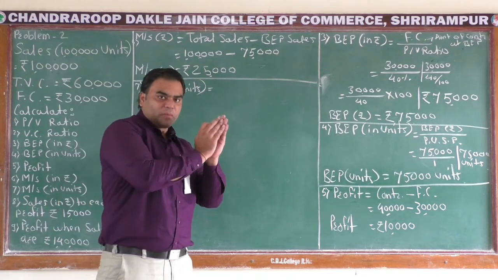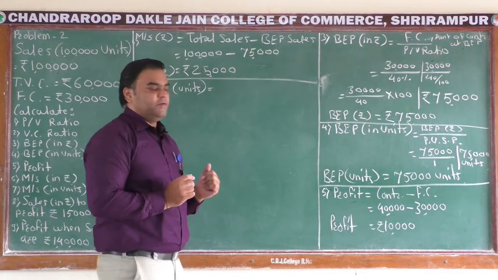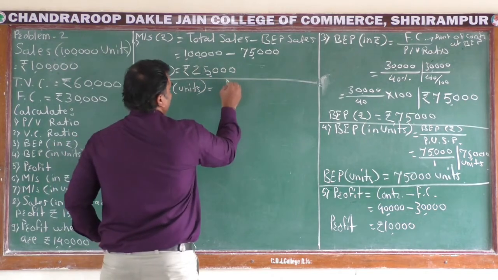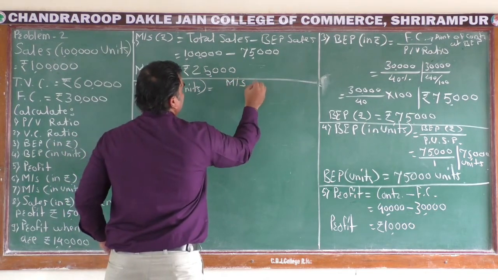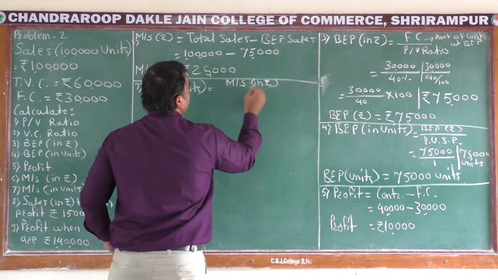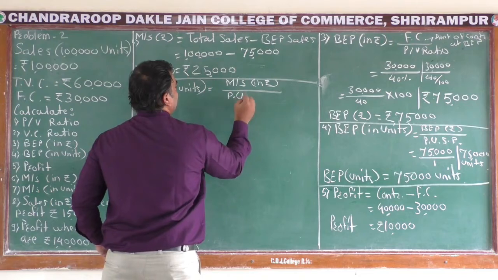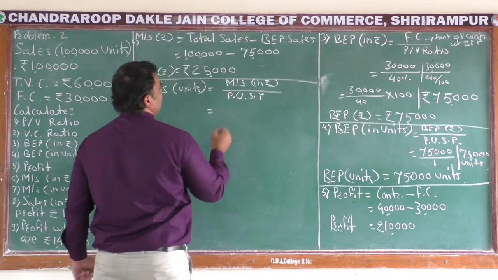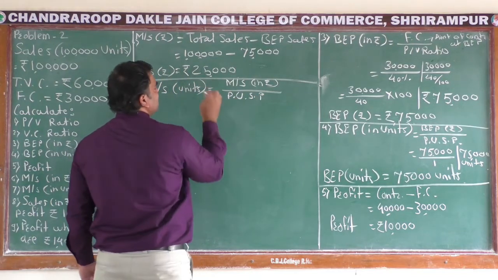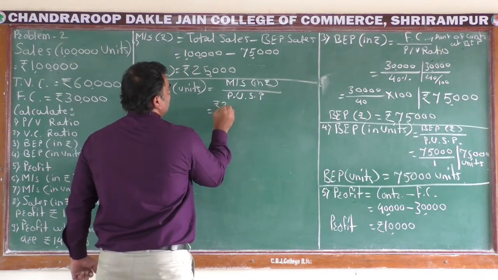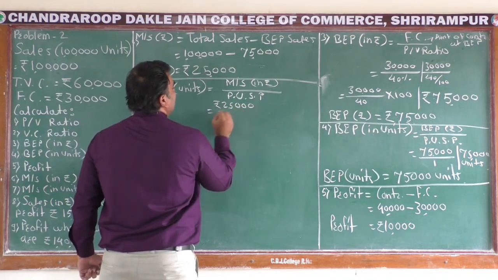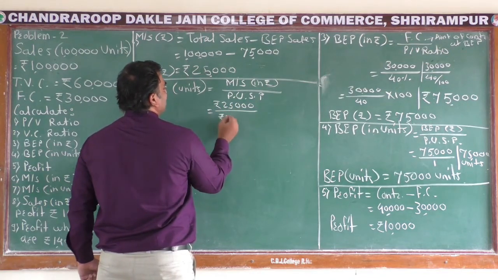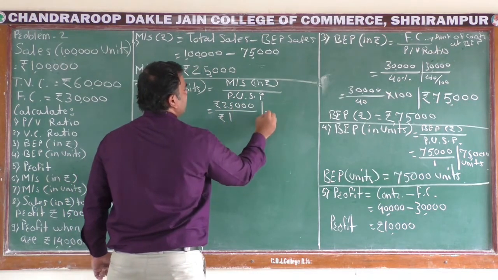Margin of safety in rupees divided by per unit selling price. So margin of safety in rupees is rupees 25,000 divided by per unit selling price, which is rupee 1.